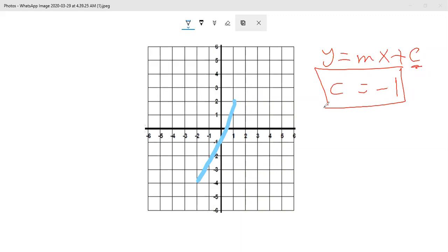Where is the intersection point between the red line and the y-axis? 0, -1. Oh, yes, it will be -1. Yes, true. Excellent, Muhammad. Welcome back. So the intersection between the red line and y is -1, so c equals -1.